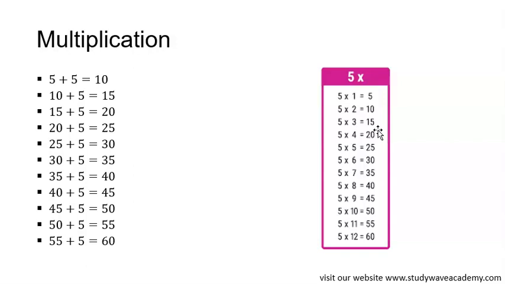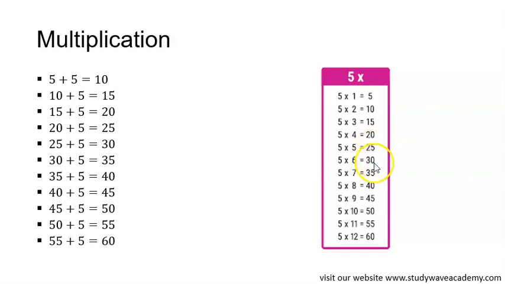So multiplication is like repeated addition, okay? 5 times 1 is 5. You add 5 to this 5 you have here is 10. You add 5 to 10 is 15. You add 5 to 15 is 20. Add 5 to 20 is 25.